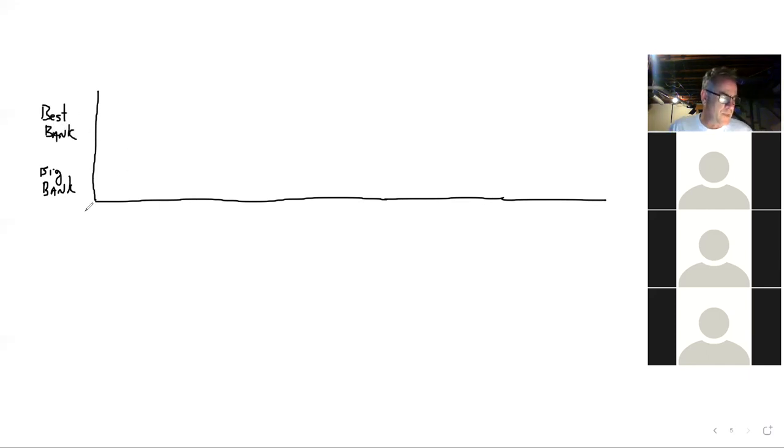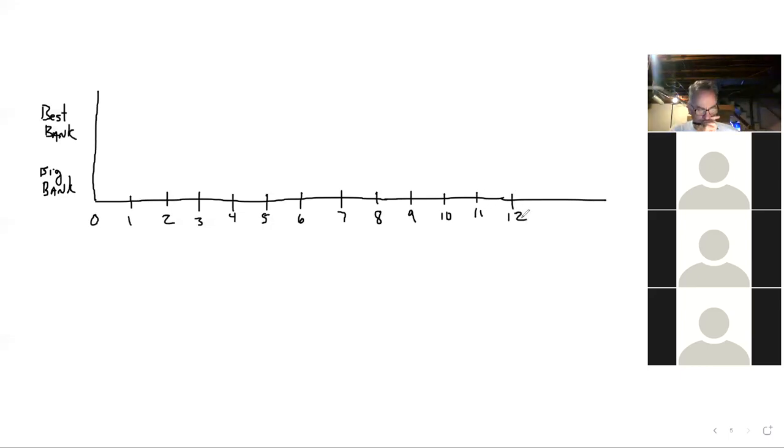Okay. Then remember, these were wait times in this example. So I'm going to go 0, 1, 2, 3, 4, 5, 6, 7, 8, 9, 10, 11, and 12.